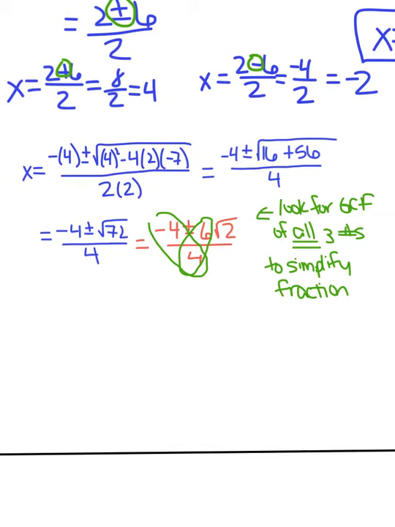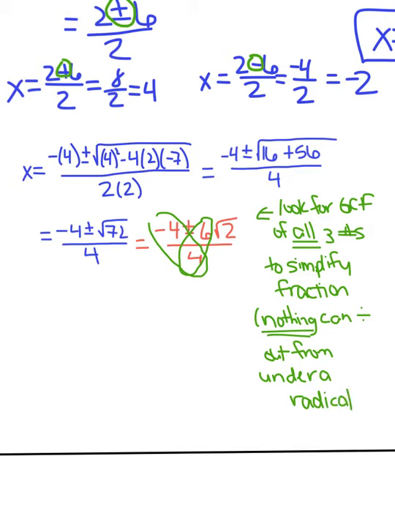And then just remember, another note here, I'm going to put in parentheses, nothing, underline it twice, can divide out from under a radical. Right? So what's under that radical stays under that radical no matter what.